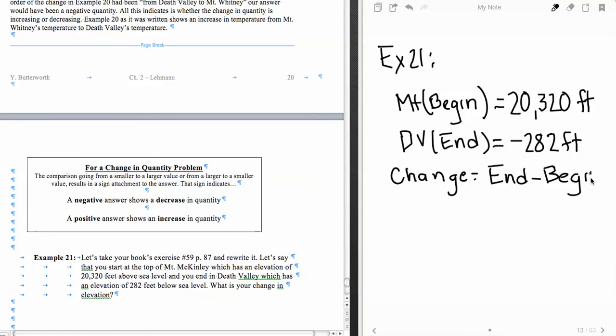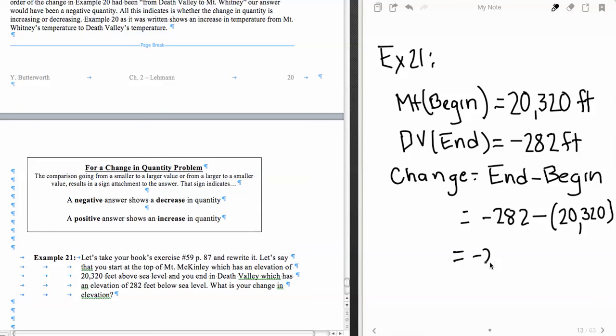So the ending result, which is a negative 282 feet, minus the beginning, which was 20,320 feet. And so we change that to an addition problem.